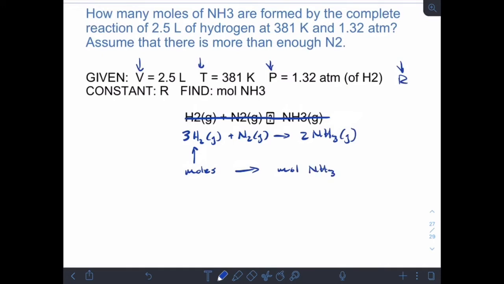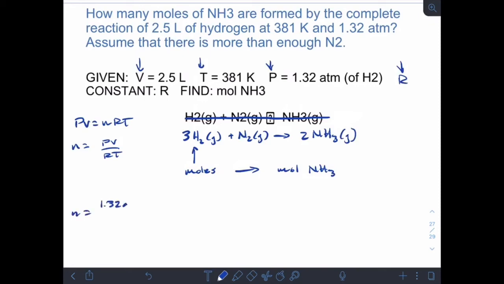Okay, but all I'm doing is I have a new path to get to the moles. So PV equals nRT, n equals PV over RT. So I have volume, temperature, pressure, and R, so I'm going to solve for moles.